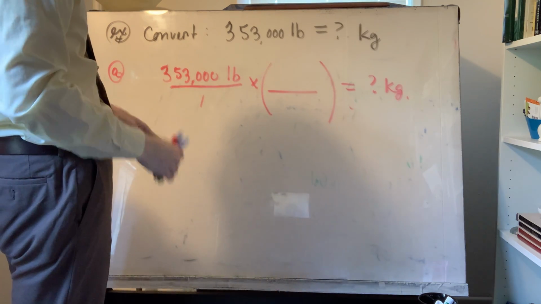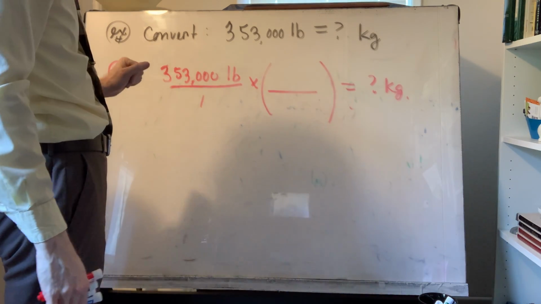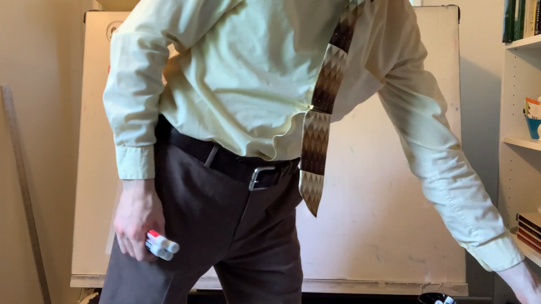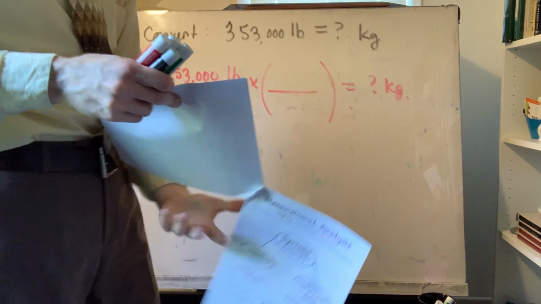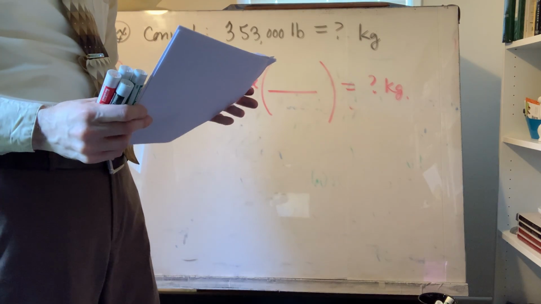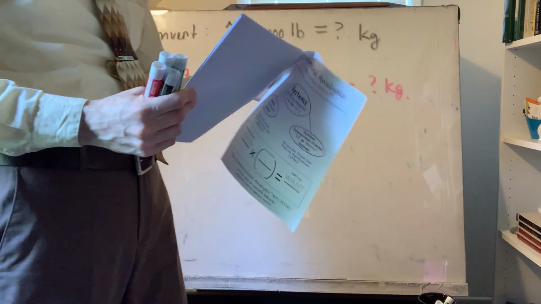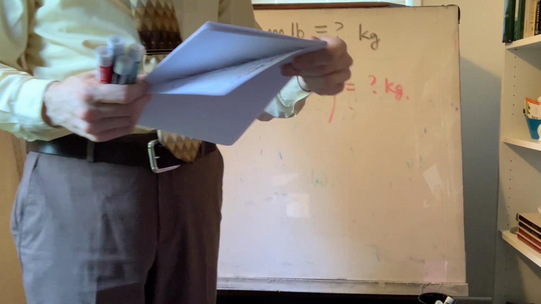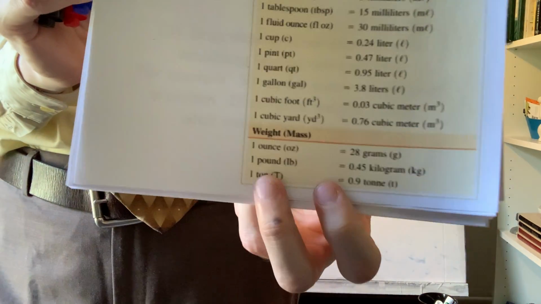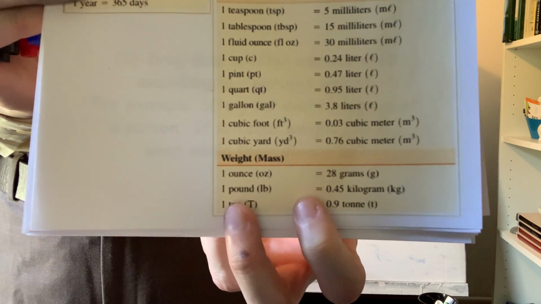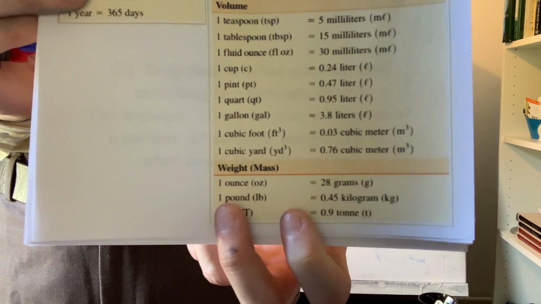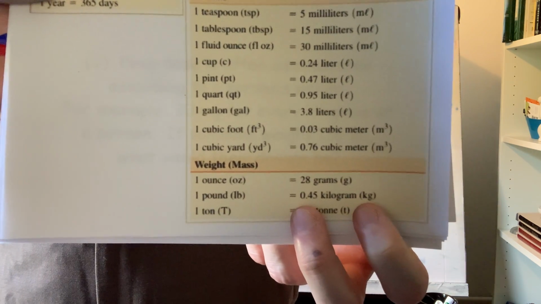The conversion factor that would be appropriate, if you look at this table, the one that you're given in the table, because there's 2 different perspectives of this, is down here. You could say that 1 pound, from the perspective of 1 whole pound, is a little less than a half of a kilogram.